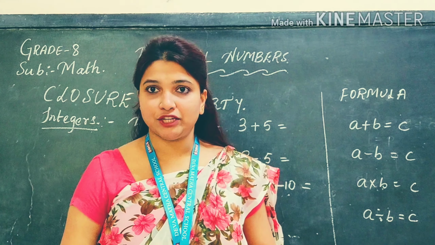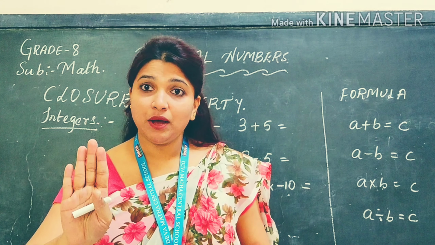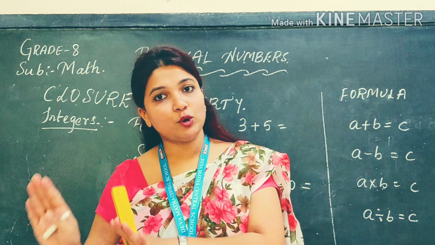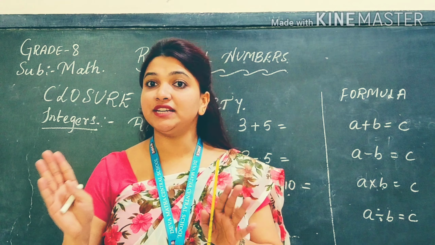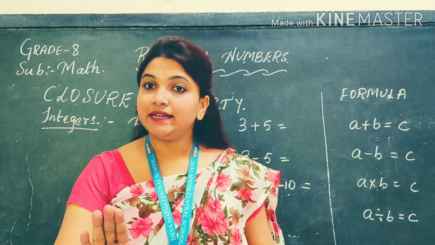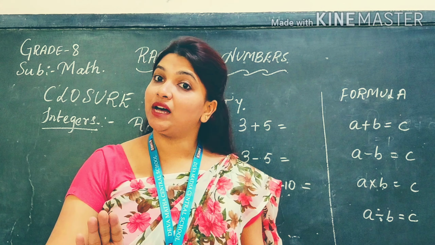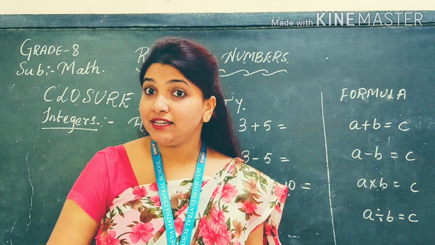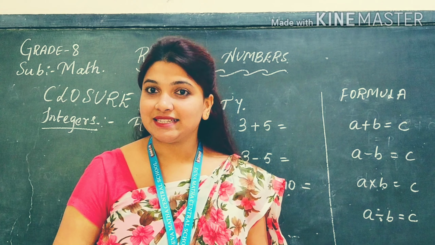For multiplication, one integer multiplied by another integer should again give me an integer, so closure property in multiplication is valid. When I talk about division, one integer divided by another integer should give me an integer. Is it valid or not valid? Let us see.